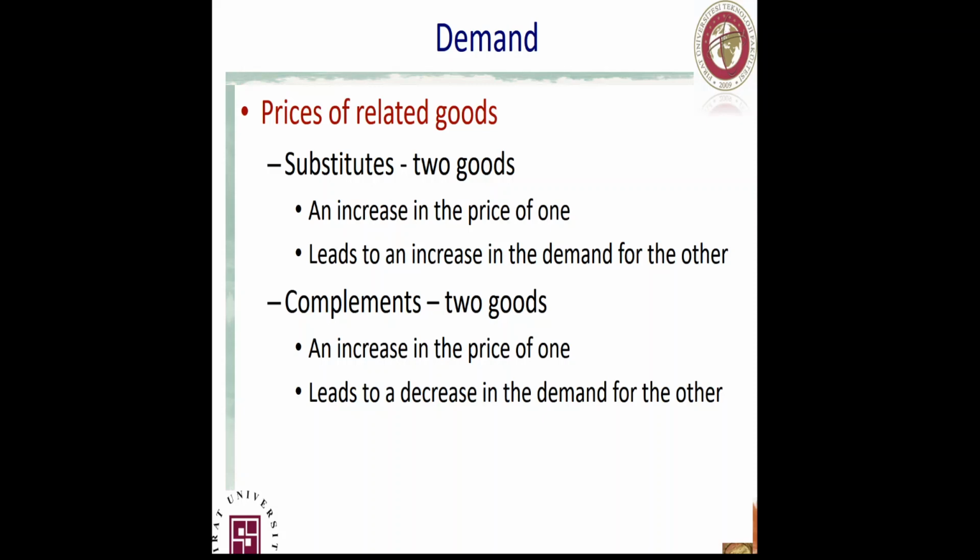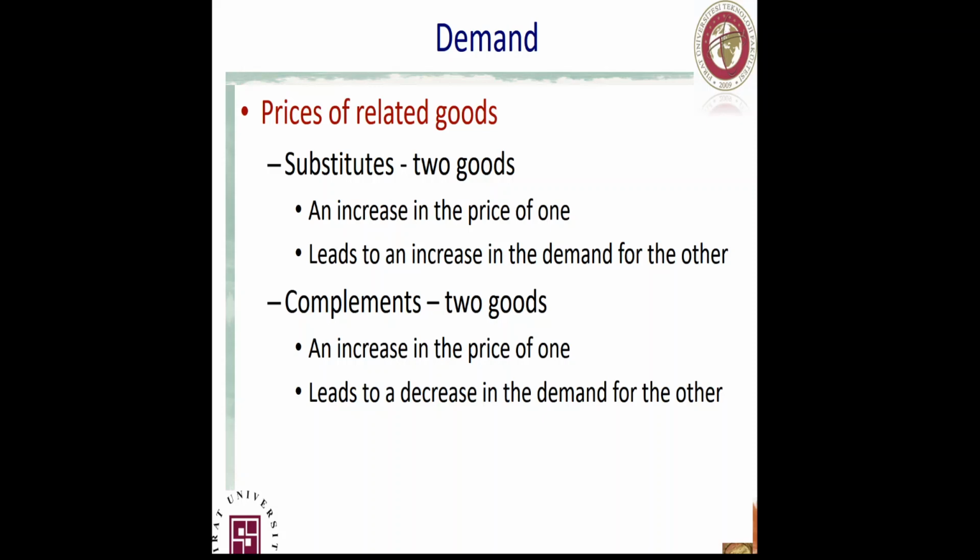item or product. For complements, it's exactly the opposite. Complements are two goods that require being presented together, that means they are attached to one another. Think about petrol and cars, gasoline and cars, for example. These two goods are usually attached.